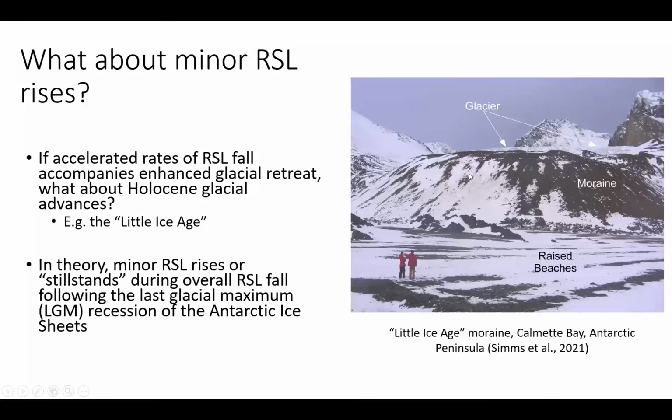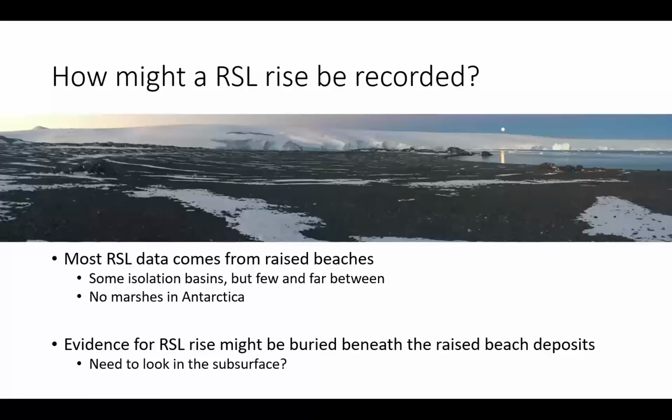Are they reflected in the relative sea level history from Antarctica? In theory, these minor advances might be enough to cause minor relative sea level rises or stillstands during the overall RSL fall following the last glacial maximum.